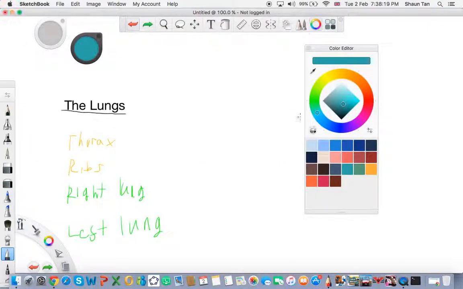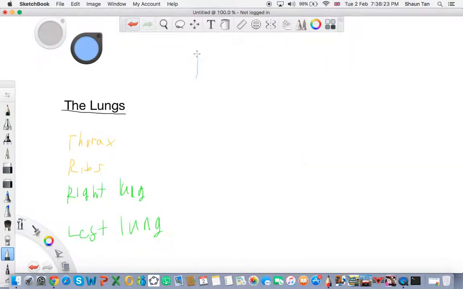So the right lung shares a space with the heart, so it's bigger.